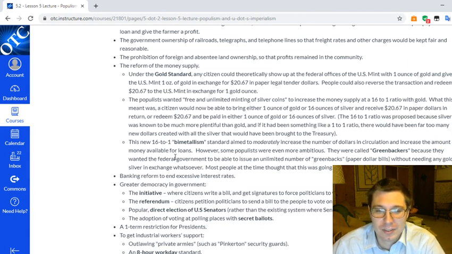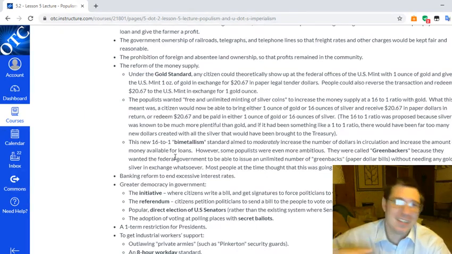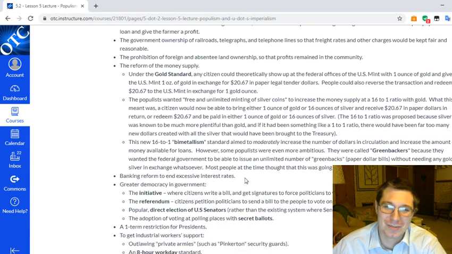The U.S. Mint would just be printing these paper dollars and giving them out however much they wanted. Most people at the time thought that this was going too far and would make paper dollars worthless, so this never quite caught on though. But some people jumped on board the free silver thing, which was seen as kind of a compromise.